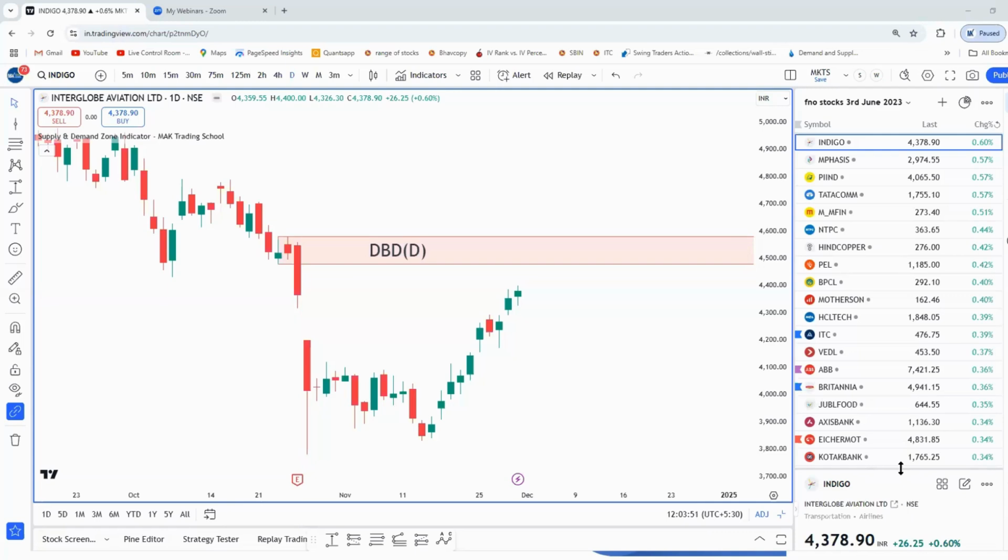So friends, this indicator I would say, plot exactly the same levels. So I would say 9 times out of 10 times my manual way of marking an indicator would be similar. So let's look at some other zones which we had marked, like say Tata Power.